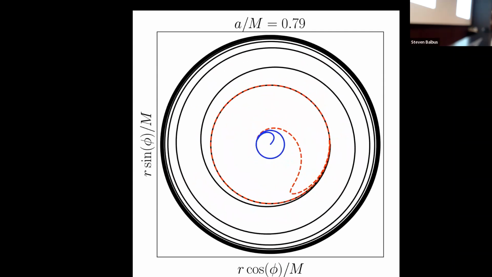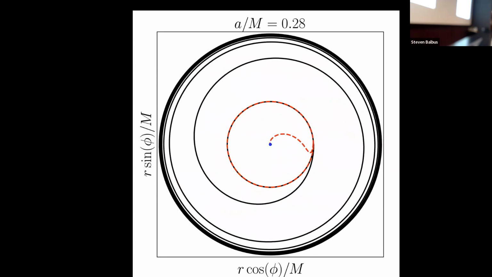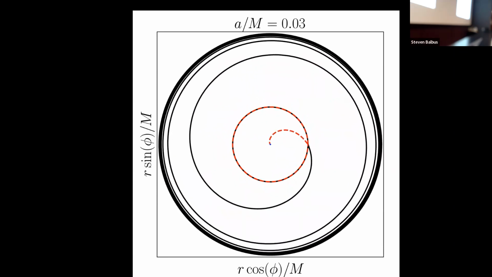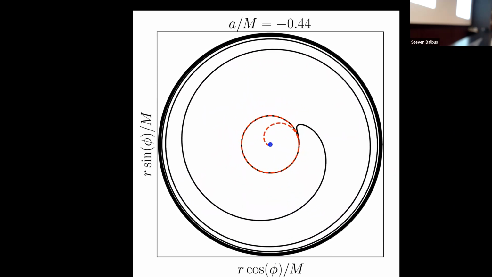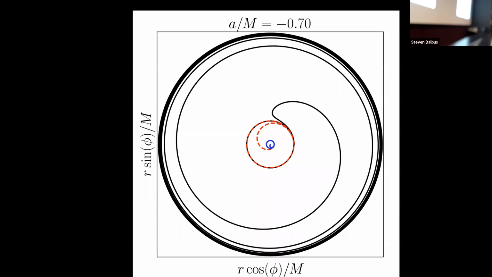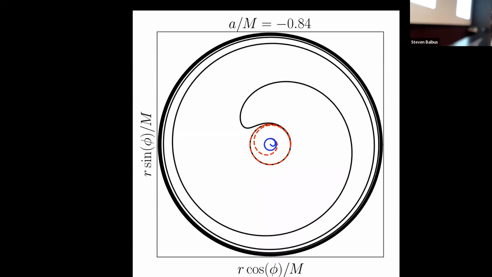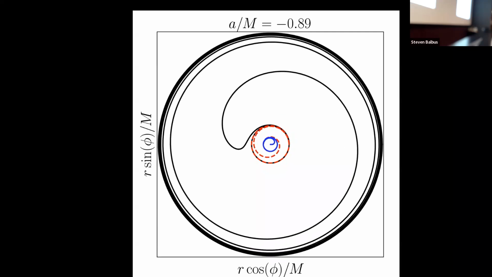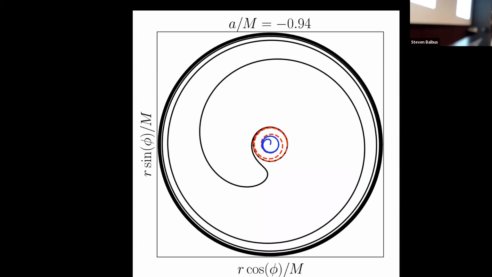And then we go backwards down, returning to the Schwarzschild case. And now we go negative. And now there's the outer event horizon. You notice the orbit is going backwards outside. That's the frame dragging effect of the Kerr metric when I have a retrograde orbit.